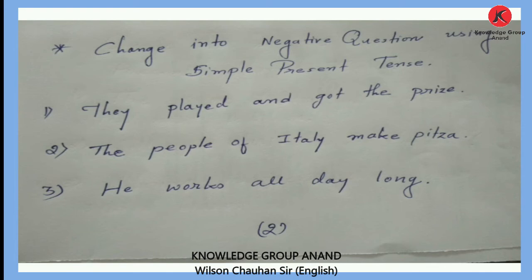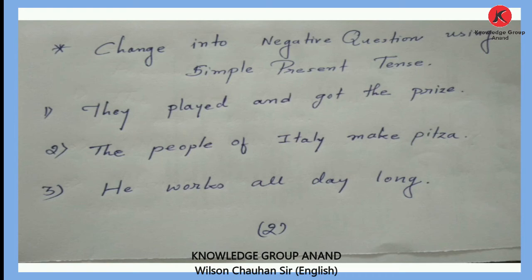So if you find it difficult, go back where we learned simple present tense. When you open the page of simple present tense, you will come to know the negative questioning, and then all 3 sentences need to be changed the same way.